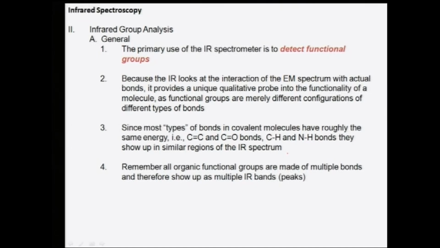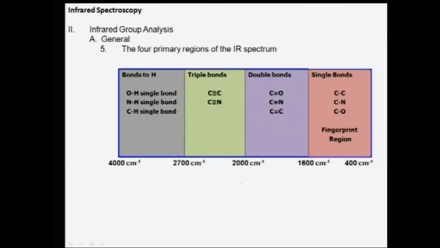Since most types of bonds in covalent molecules have roughly the same energies, like C=C or C=O double bonds or C-H or N-H single bonds, they show up in similar regions of the IR spectrum. And you must remember that all organic functional groups are made of multiple bonds, and therefore show up in multiple IR bands. That is why you see a band, which means many peaks in one band.